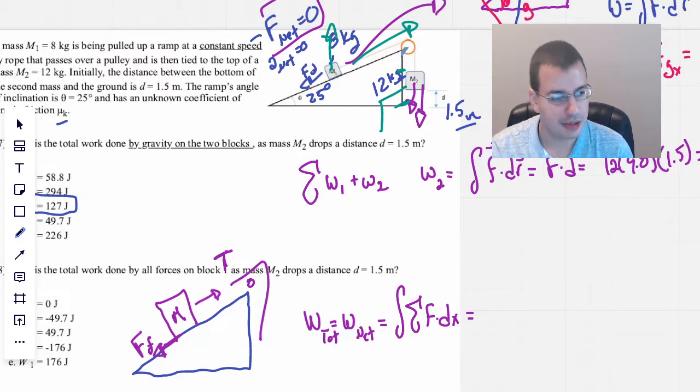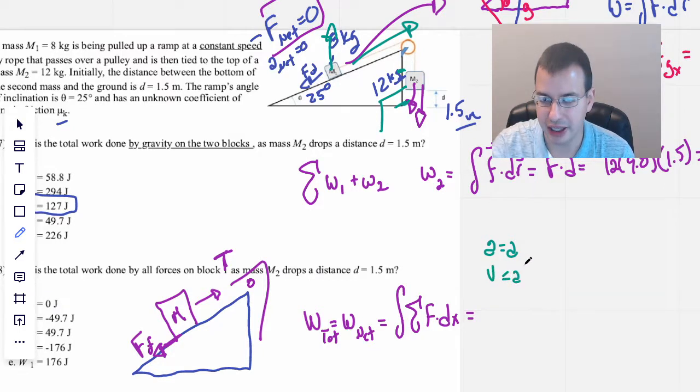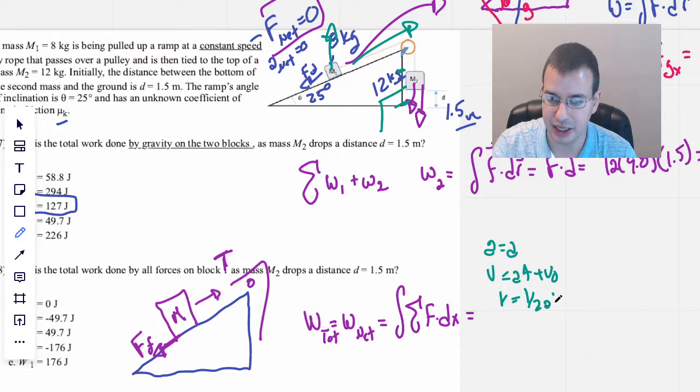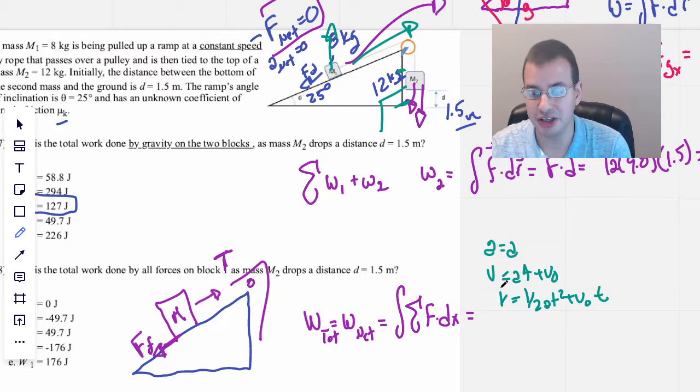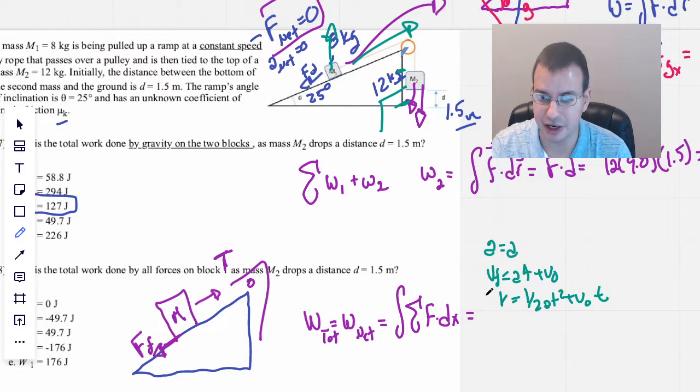So if you look at the kinematic equations real quick, a equals constant, v equals at plus v naught, x equals 1/2 at squared plus v naught t. So for a constant speed, this means v final equals v initial for all given time.